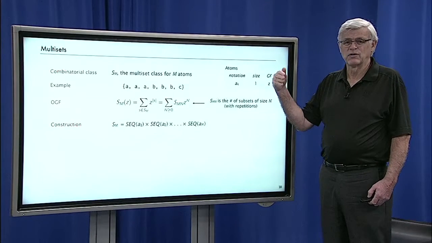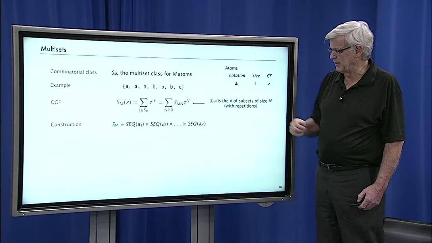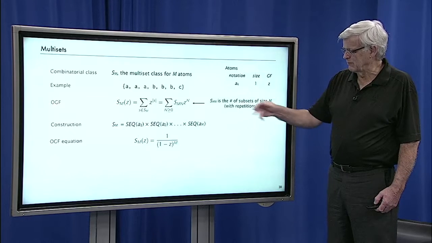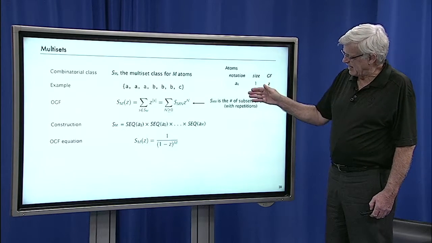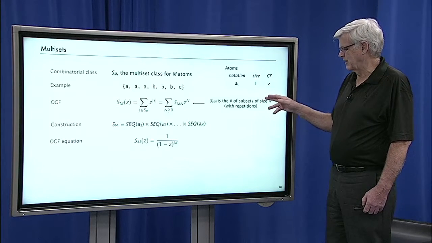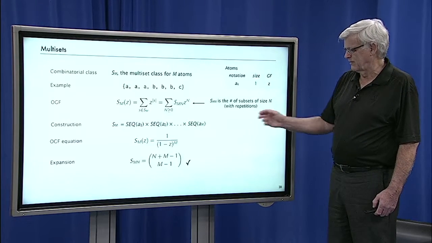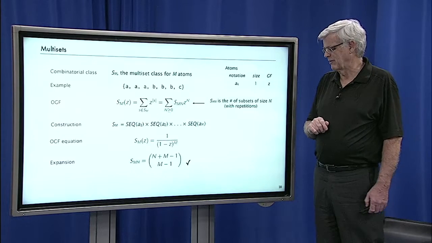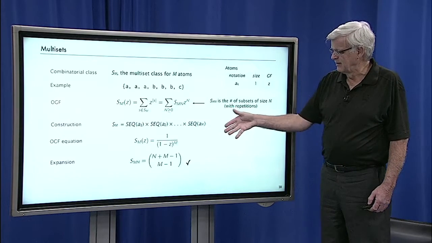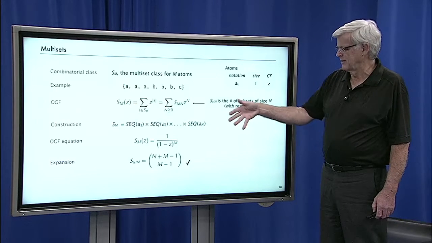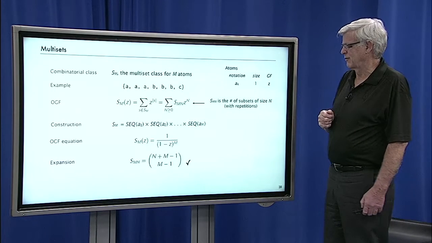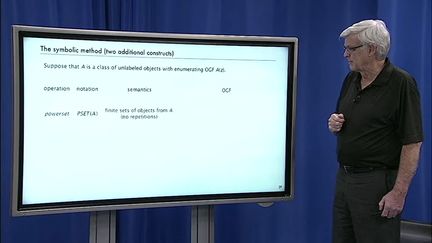The generating function for the sequence of an atom is 1 over 1 minus z. So we get (1 over 1 minus z) to the m. The number of subsets of size n, that's an elementary generating function expansion, is just n plus m minus 1 choose n minus 1. And again, you may be familiar with that from elementary combinatorics.